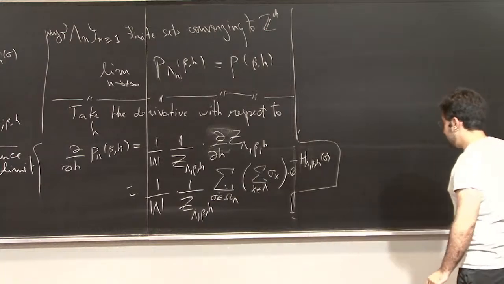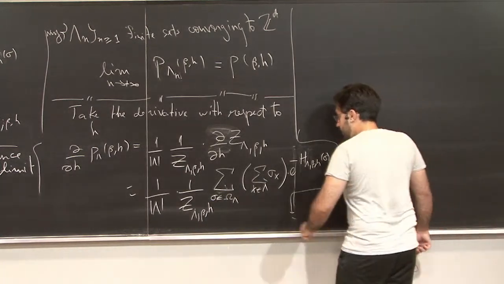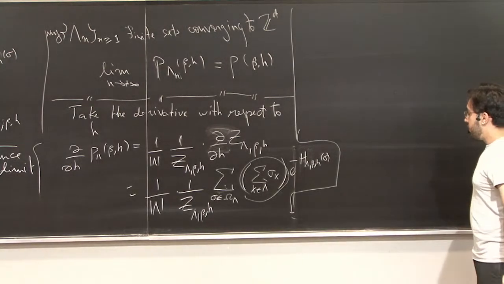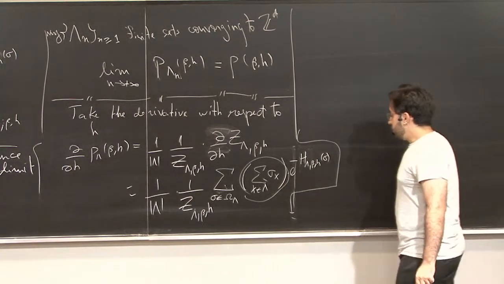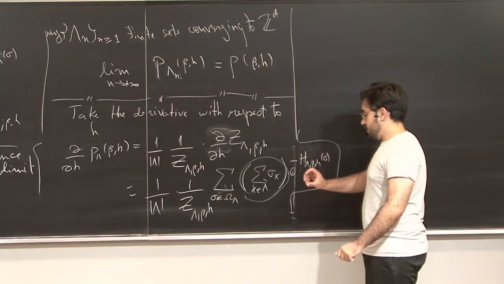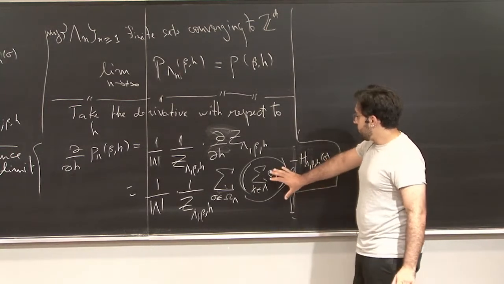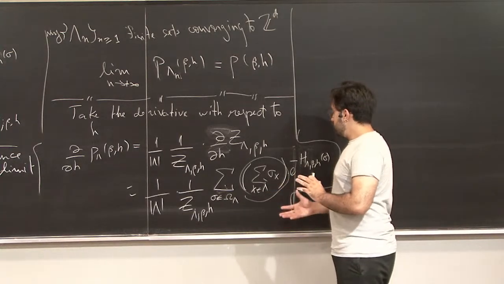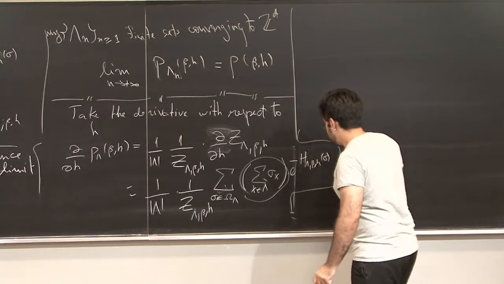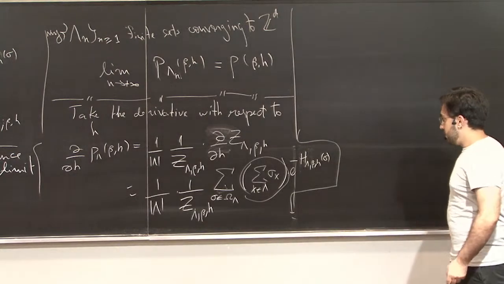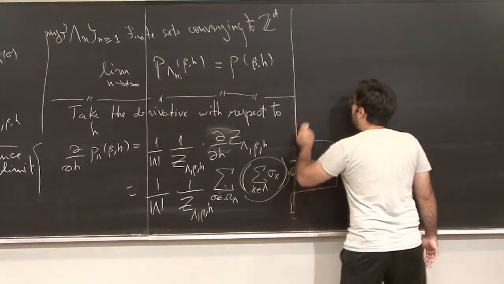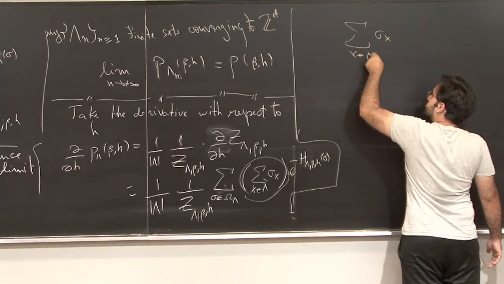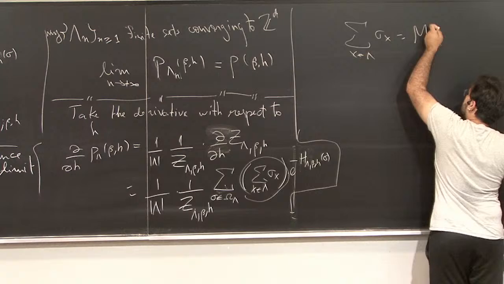As you can see, this quantity right here, if you have your ferromagnet and you take a look at each one of the spins, what you are doing here is summing, for some configurations, all the possible orientations of the spin. So this we call M_Lambda, the total magnetization.